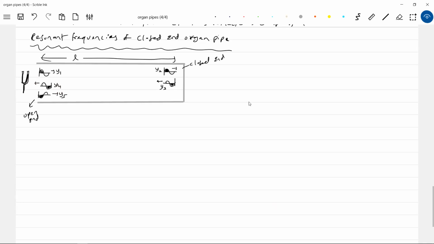Okay, let's calculate the condition. My question is to derive the resonant frequencies of the pipe. What do you mean by resonant frequencies, and why will resonant frequencies come here? Let me take the superposition of the fresh incoming wave and the twice reflected displacement wave. What is the phase difference between them?